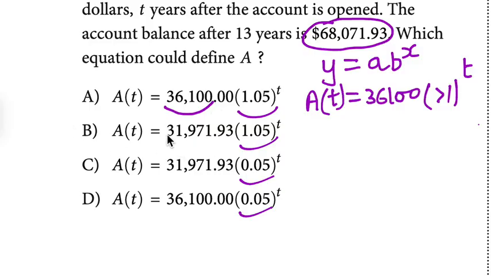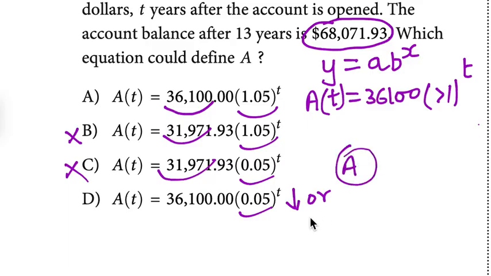This option does not have the initial amount, cancel it. This one also does not have the initial amount, cancel it. Now if I see A and D, this decimal 0.5 is less than 1. That means a decrease is happening. A decrease in the money is happening, but our money is increasing because we are earning interest. So that means A is the right option.